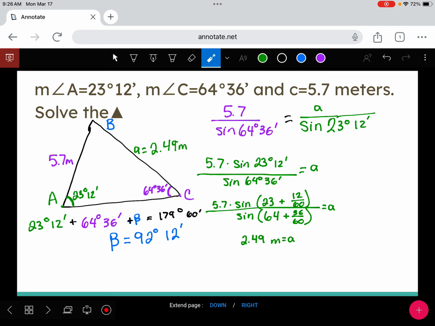On side. What do we get for side B? 6.3.